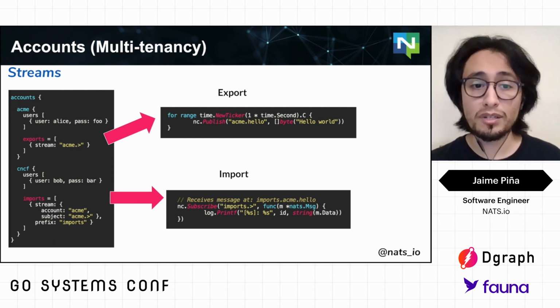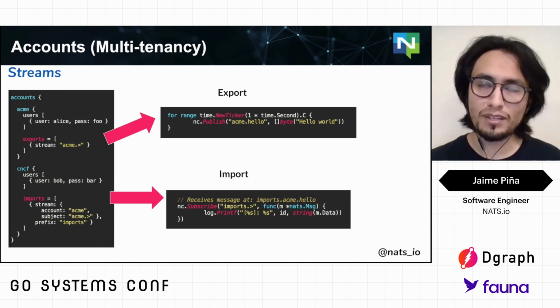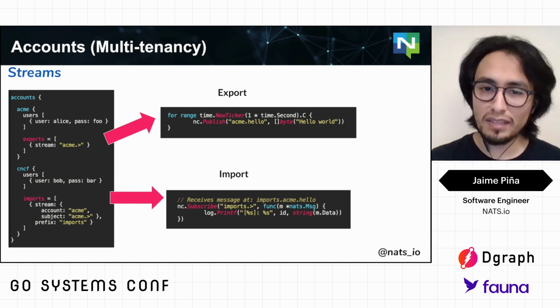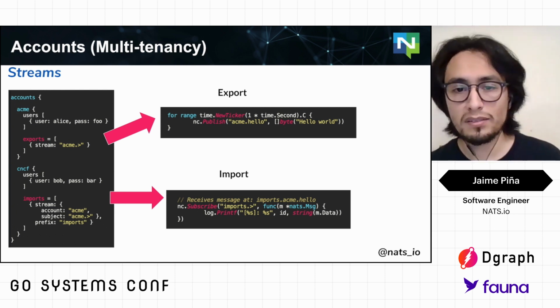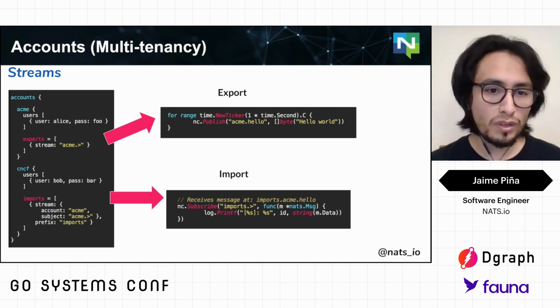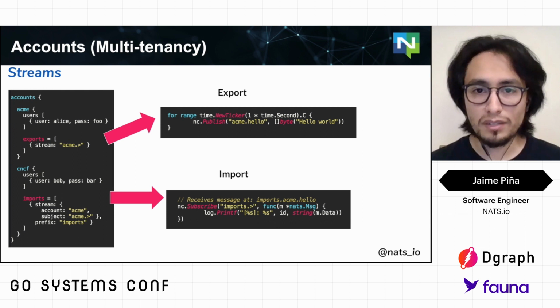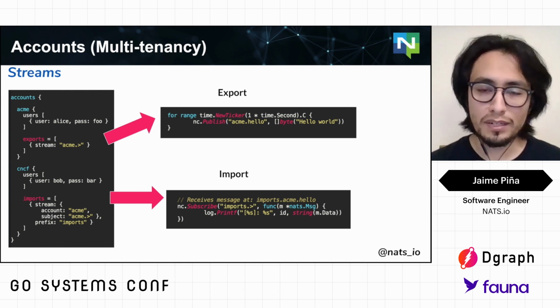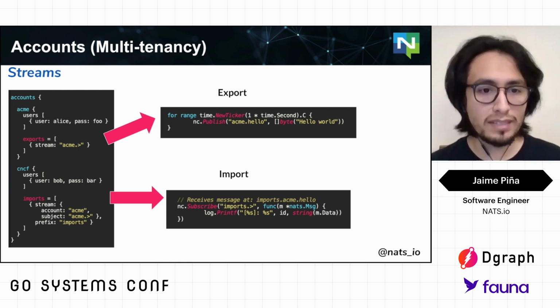In this case, we've prefixed the import with imports. So the CNCF guys could use imports.acme.hello. And so this really gives you the ability to separate concerns among groups in your company and creates nice isolation.